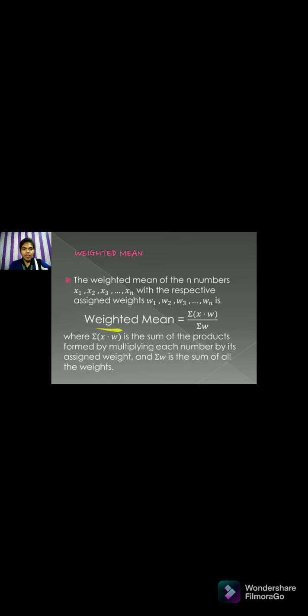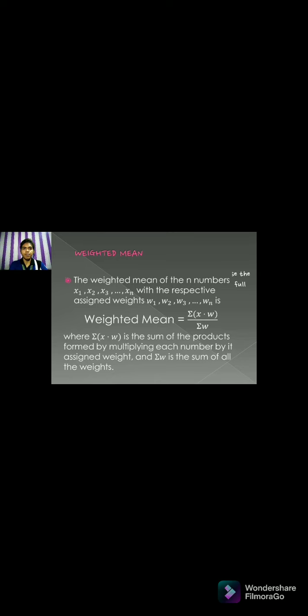This will be our formula to get the weighted mean, where the summation of x times w is the sum of the products formed by multiplying each number by its assigned weight, and the summation of w is the sum of all the weights.